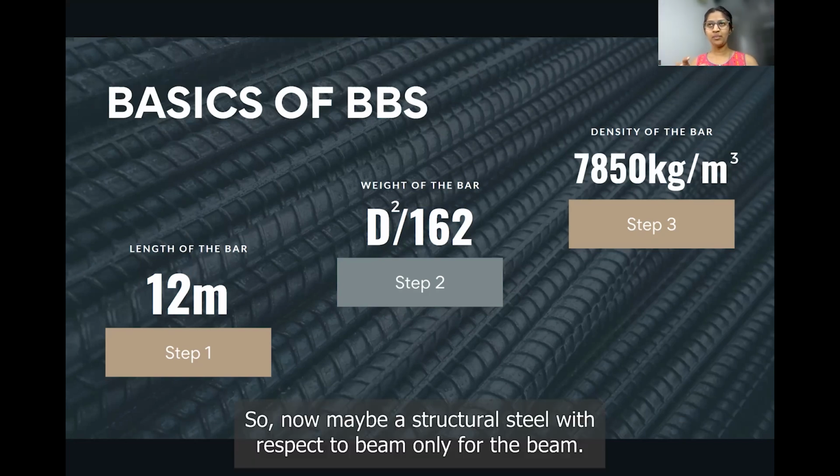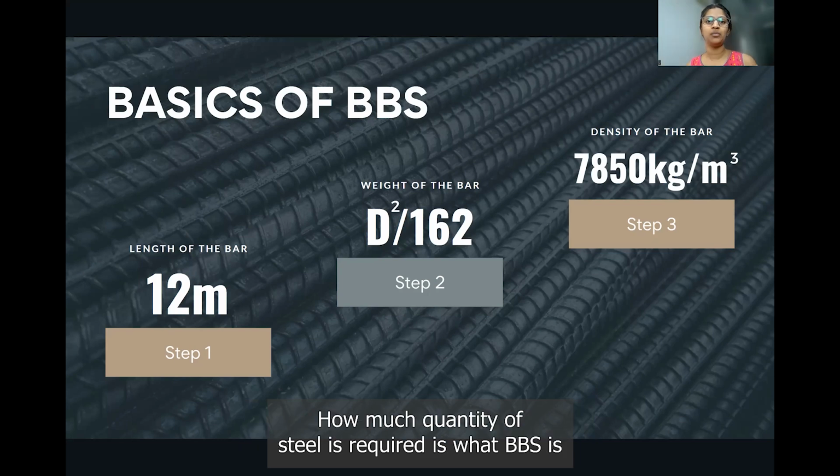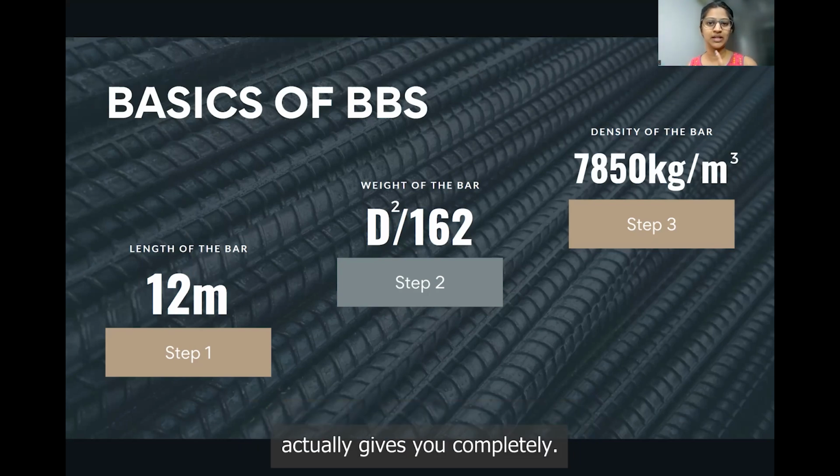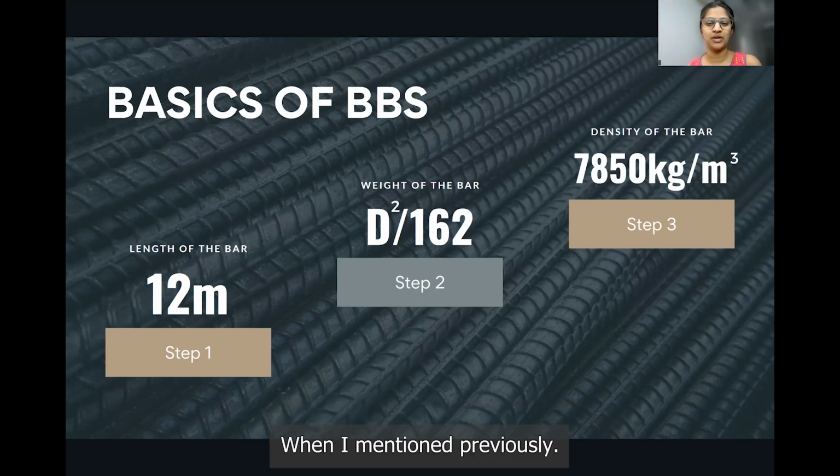So maybe only for the beam how much steel is required, only for the column or only for the slab how much quantity of steel is required is what BBS actually gives you completely. That is what I meant by various structural units when I mentioned previously.